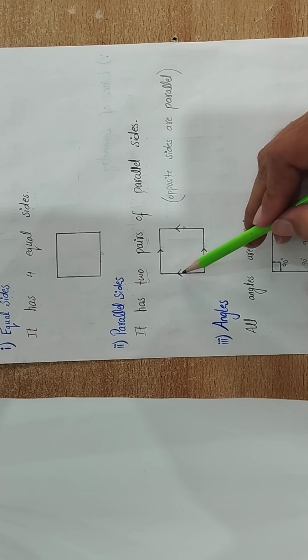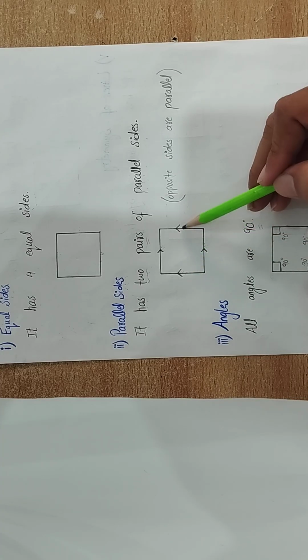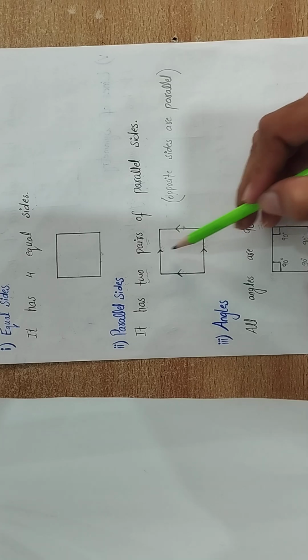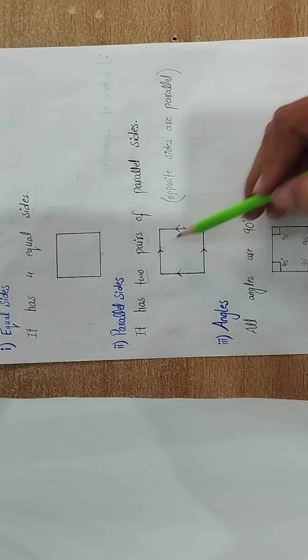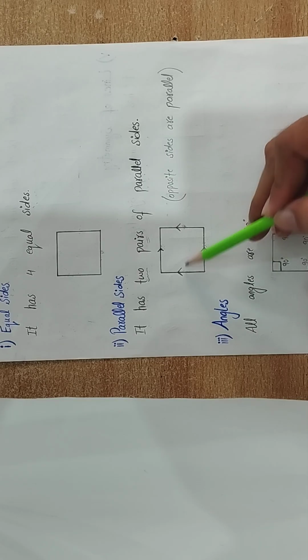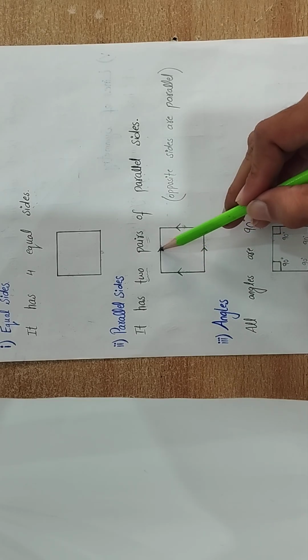Which two pairs? This line and this line, these two sides are parallel to each other. This is one pair. Then this line and this line are parallel to each other. This one is the second pair.